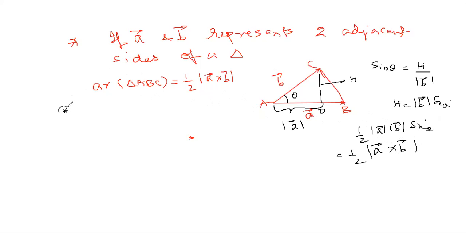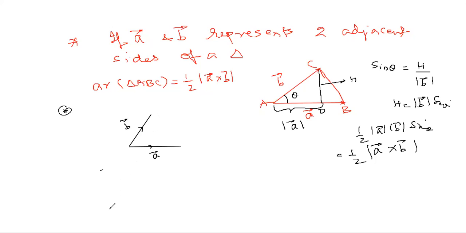And suppose A and B are representing the two adjacent sides of a parallelogram. Suppose this is a parallelogram, one side is represented by vector A and this is another side, vector B. These are the two adjacent sides of a parallelogram.